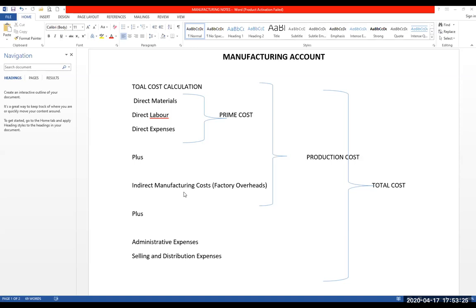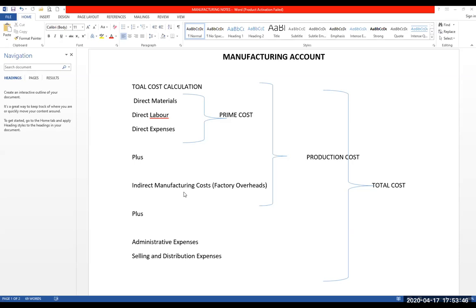Let's take Colgate, the toothpaste. The toothpaste doesn't just appear like it grew on a tree. No, different ingredients have to come together, be manufactured into the final toothpaste that we use on a daily basis. So those are manufacturing companies.